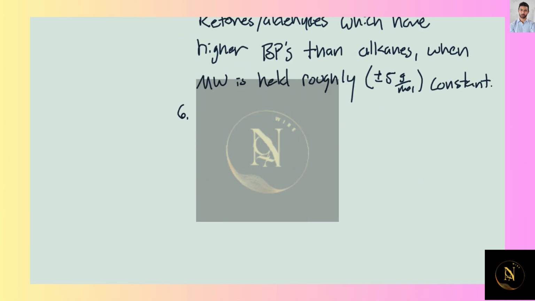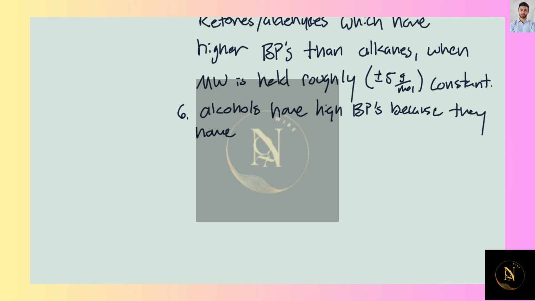So the reasoning here is alcohols have high boiling points because they have strong IMFs, that's intermolecular forces, due to polarity and hydrogen bonding.